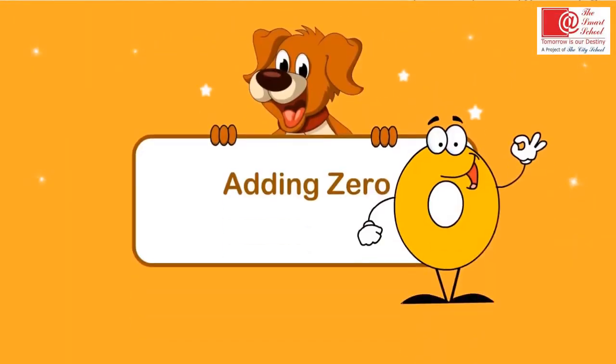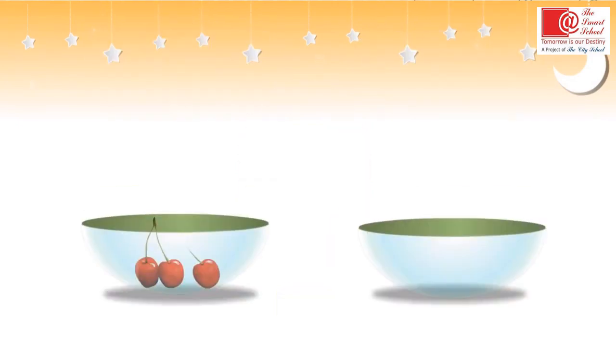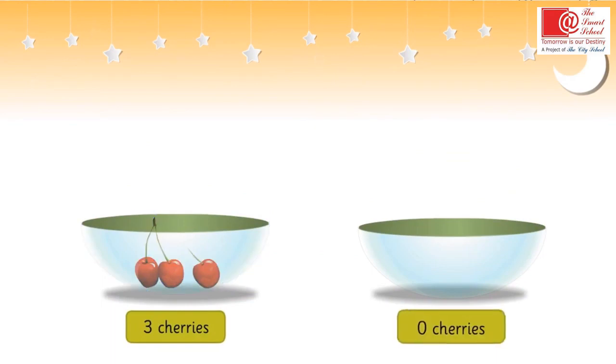Adding 0. Let us see what happens when 0 is added to any number. There are 3 cherries in the first bowl and no cherries, or 0 cherries, in the second bowl.